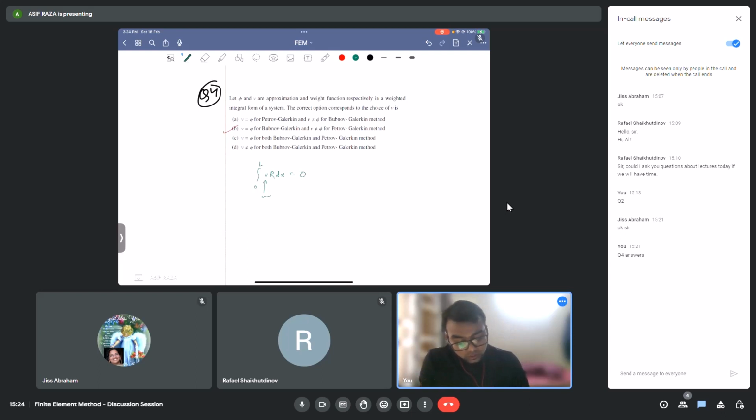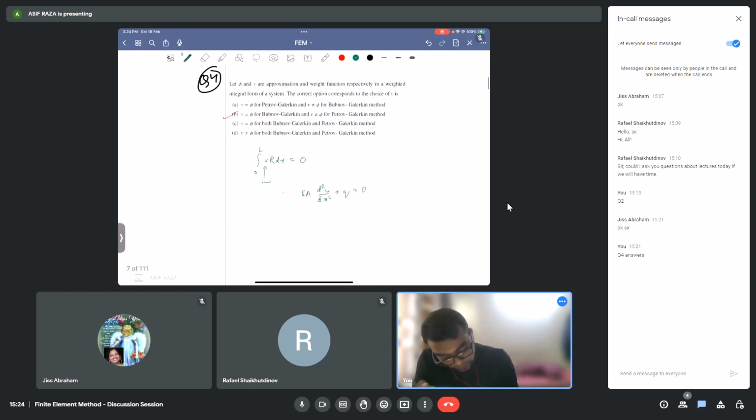So there are two things involved. In the governing equation, suppose I use EA d squared u plus q equal to 0. This is my strong form. What do we choose?